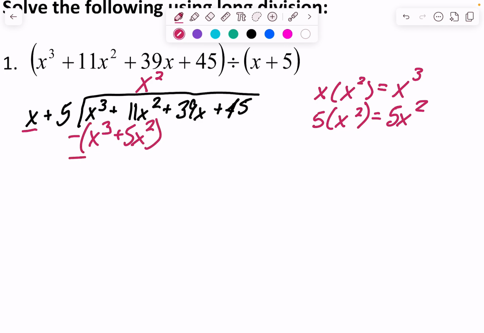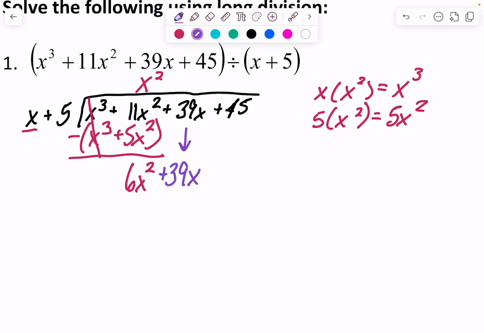So I'm putting parentheses around it and subtracting it from what's above. So the goal is always to cancel out the first thing. So I canceled out my x cubes. And then I have 11x squared minus 5x squared, so I get 6x squared. And then I bring down my next thing.